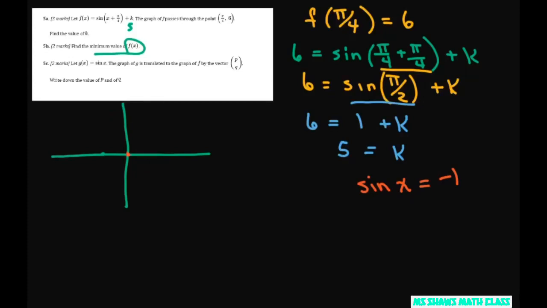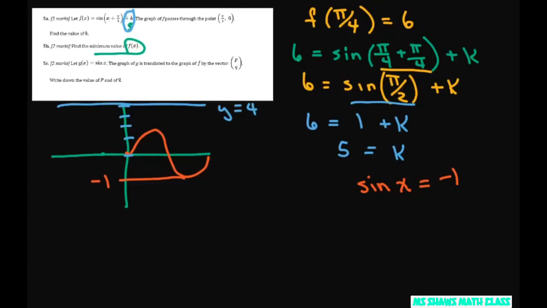So usually the graph, let's just graph regular sine. Our minimum value here is -1. But because our k is a vertical shift up by 5, 2, 3, 4, 5, you're at y equals 4.